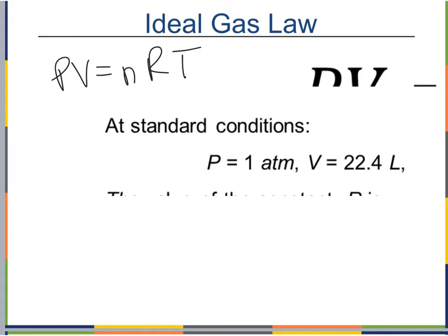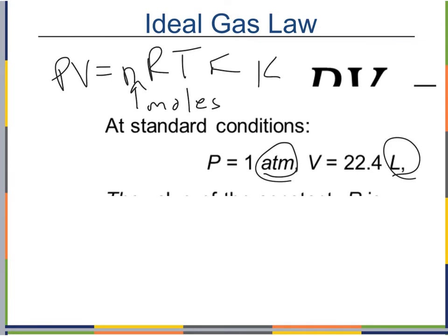Standard conditions, we can use those for a variety of purposes, but what we want to look at is the units, and so atmospheres, liters, moles, right, for the amount, and then Kelvin in terms of temperature. And we have to use those units, okay?